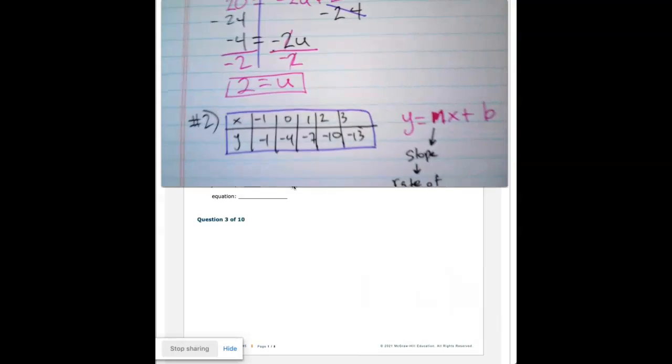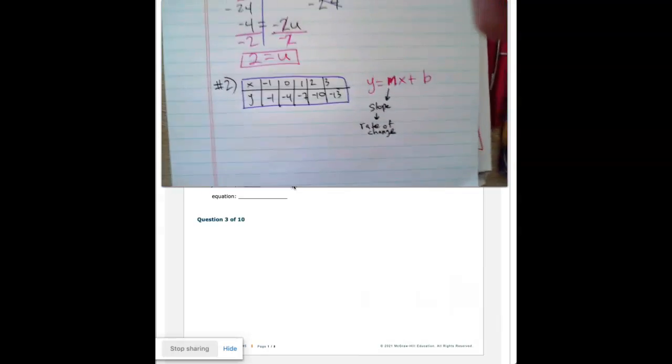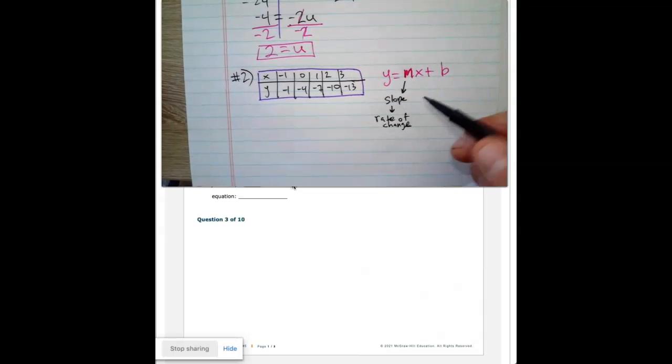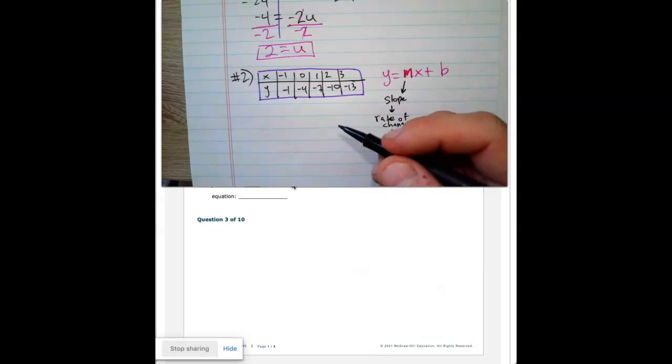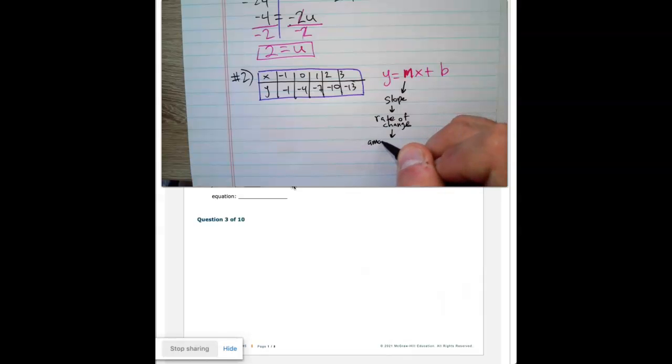M is aka your slope, which is aka the rate of change, which is aka the amount by which the y values are changing, technically consecutive y values.